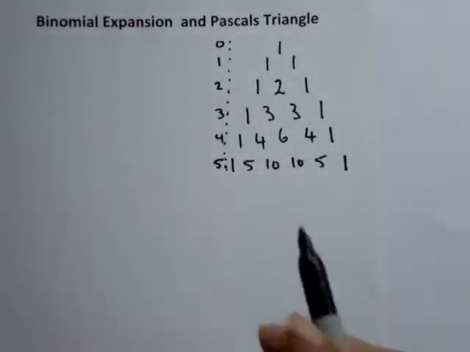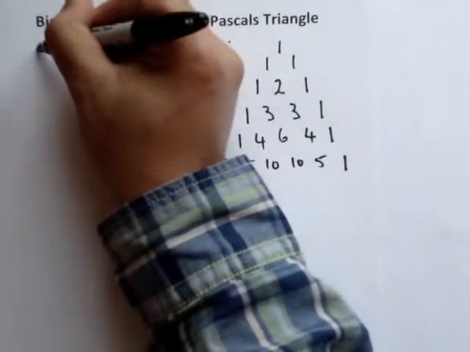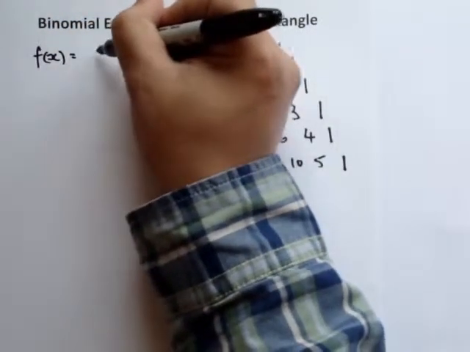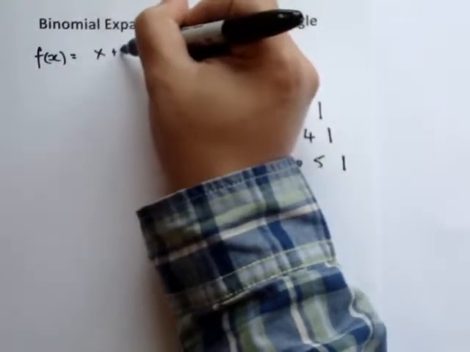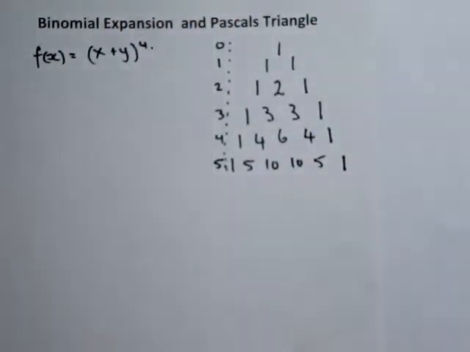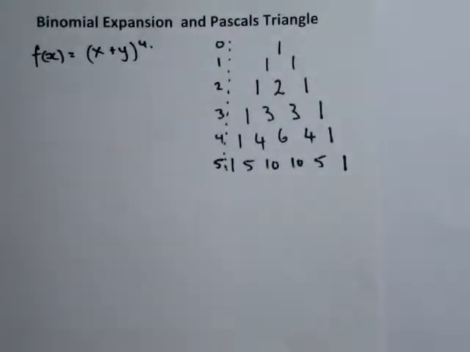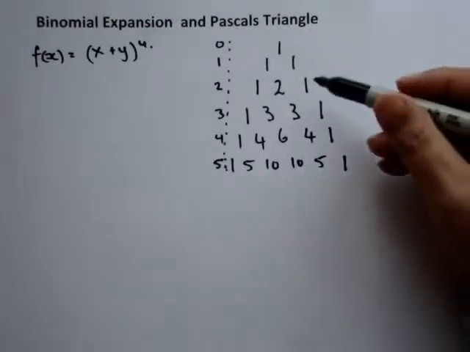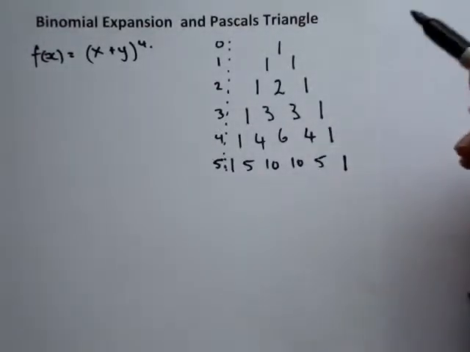So if we have f of x is x plus y to the power 4, and we want to expand this, we can get the coefficients that we were discussing earlier from Pascal's triangle.